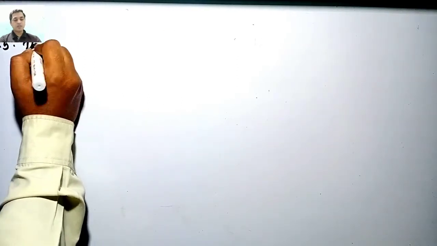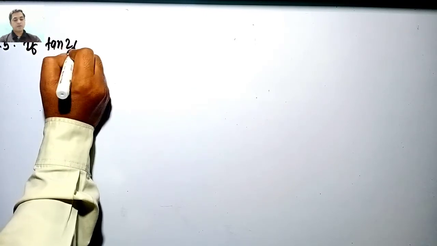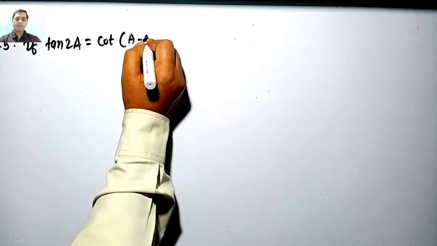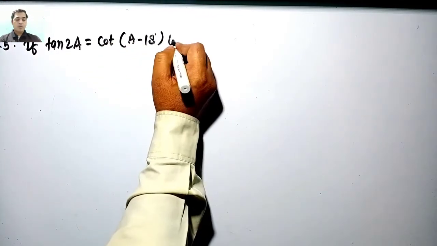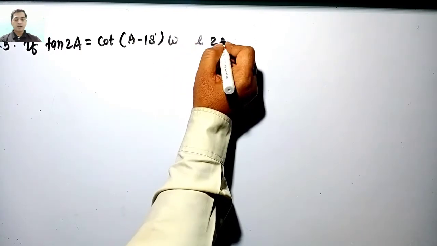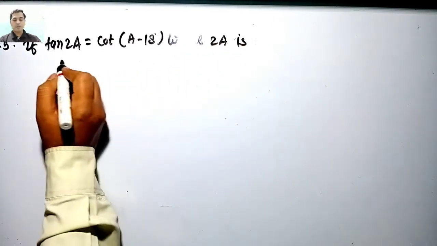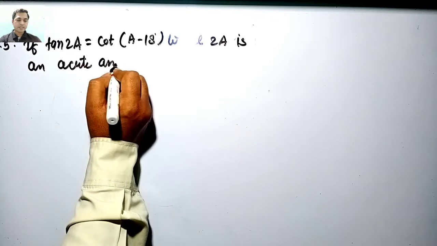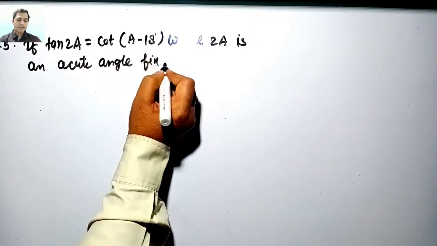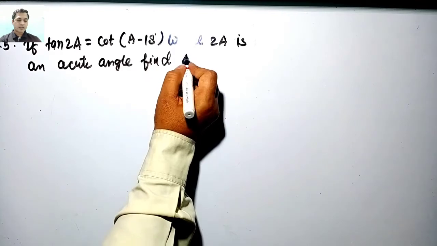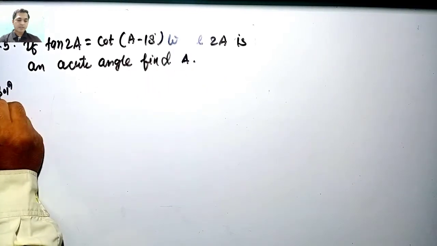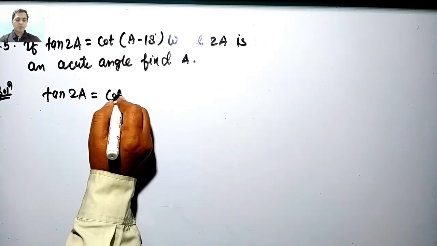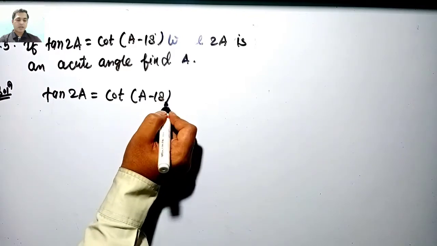Let us see the next one. If tan 2A is equal to cot(A minus 18 degrees), where 2A is an acute angle, we have to find the value of angle A. So students, here it has been given that tan 2A is equal to cot(A minus 18 degrees).